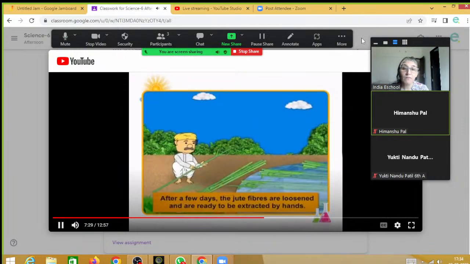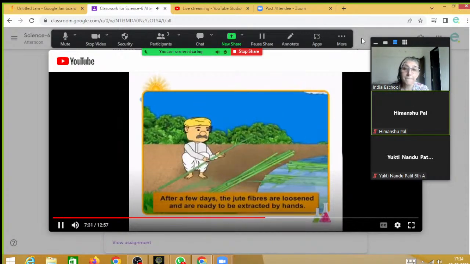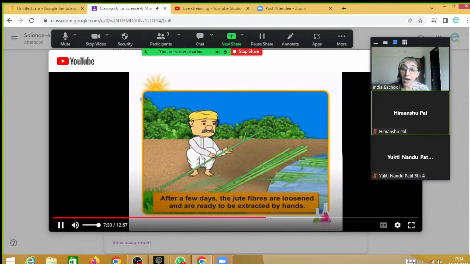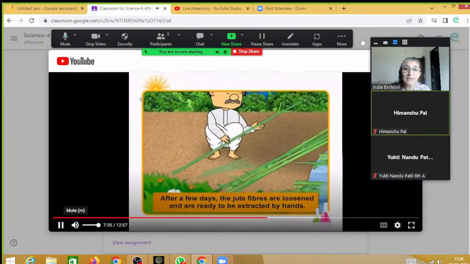The jute fibers are loosened and extracted from the stems by hand. So now they are taking out strand by strand by hand. The jute fibers are dried and are ready to be processed into finished jute fibers.